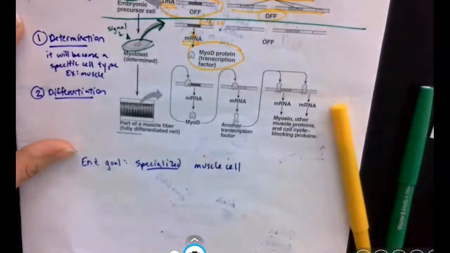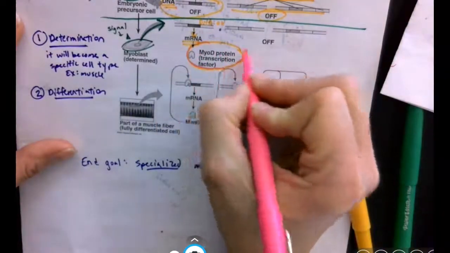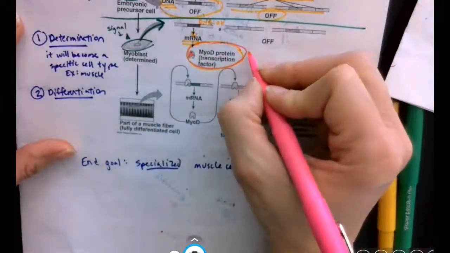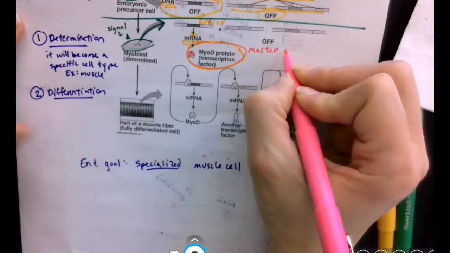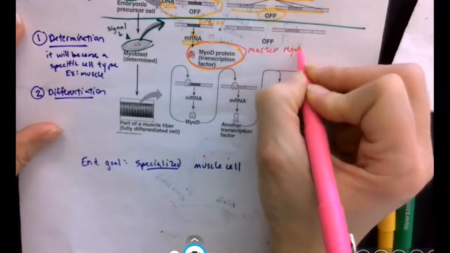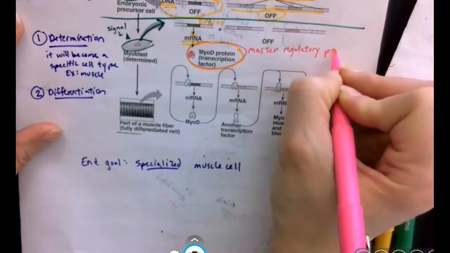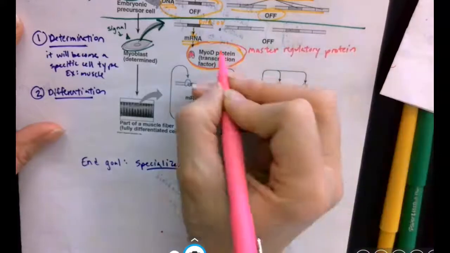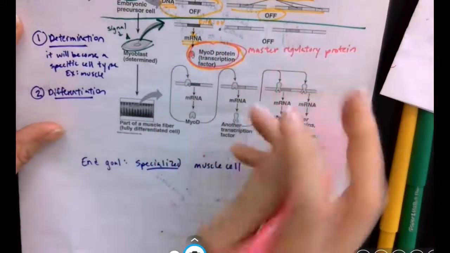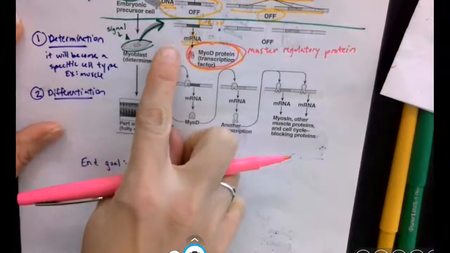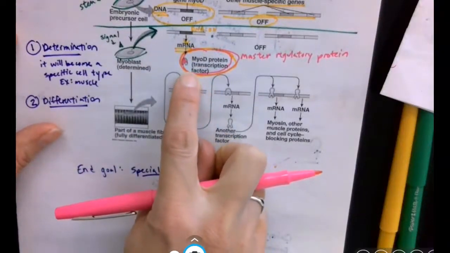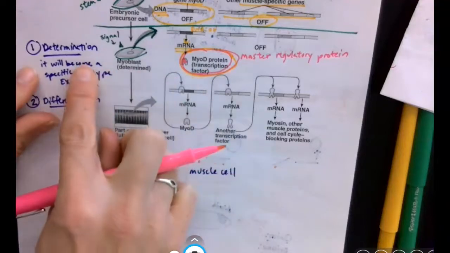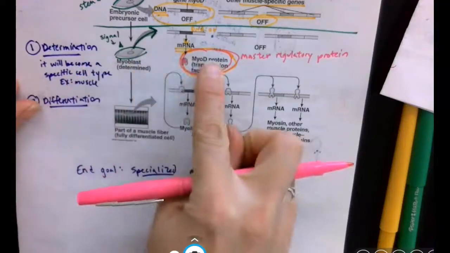This protein right here is a master regulatory protein. So once we've turned this gene on to produce the mRNA, to produce the transcription factor protein MyoD, we've determined that this cell will become a muscle cell.